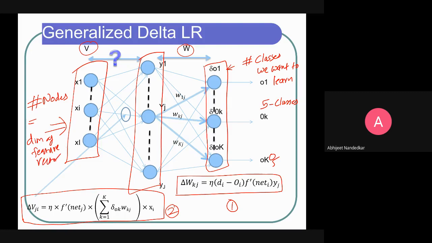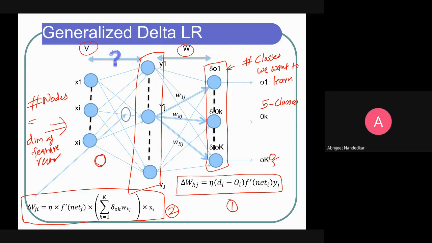Remember that I have not shown it here, but there will actually be one extra node, which, if you are a programmer, you will take care of. You will add one extra node.